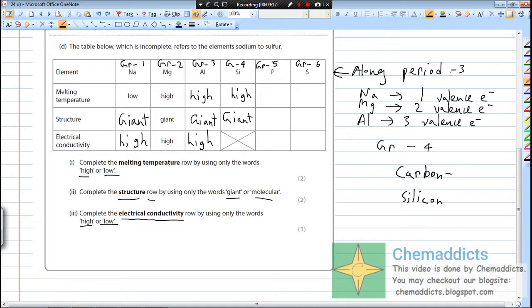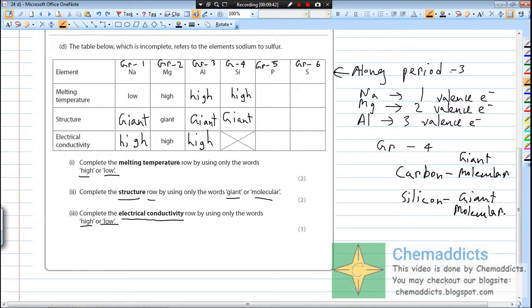Okay, since carbon has a giant molecular structure, it is also expected that silicon will also have a giant molecular structure, just like silicon dioxide.